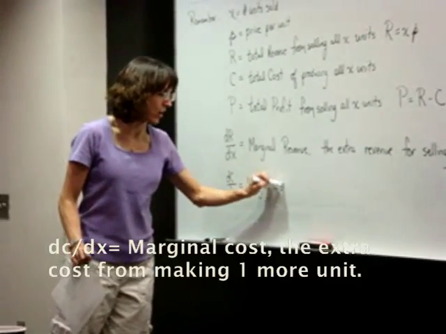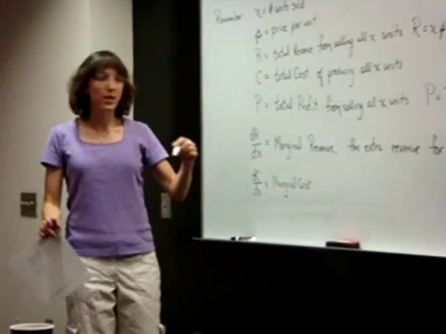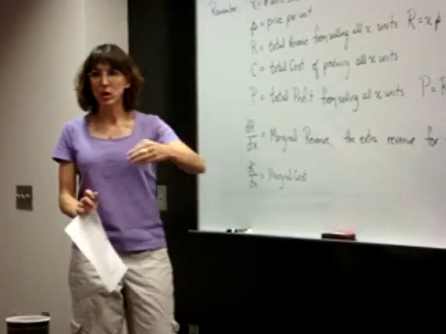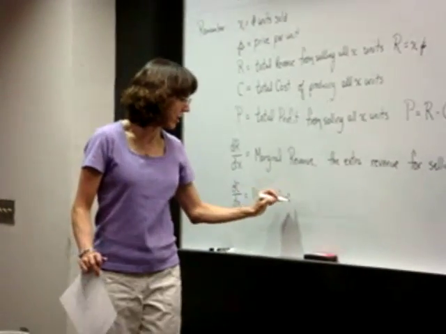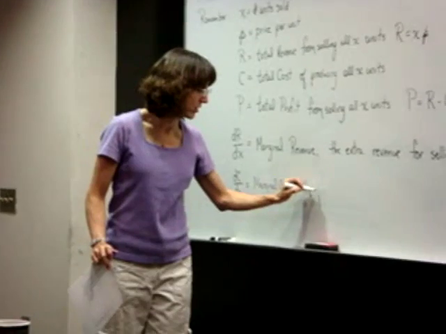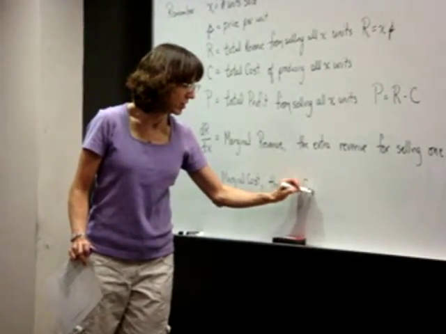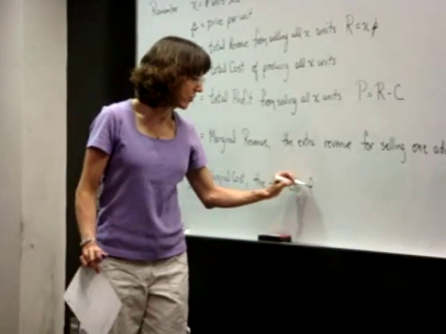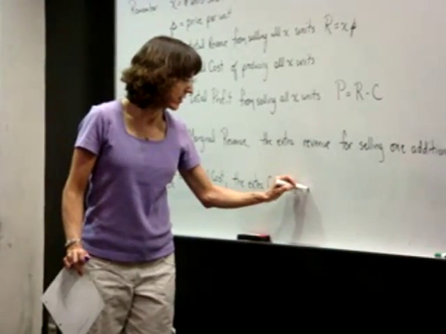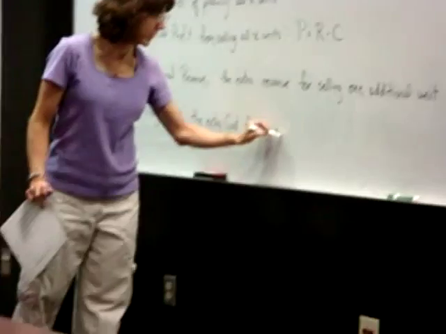You have to know marginal cost and marginal revenue. They are the extra for doing one more. So the marginal cost is the extra cost from making one more unit.